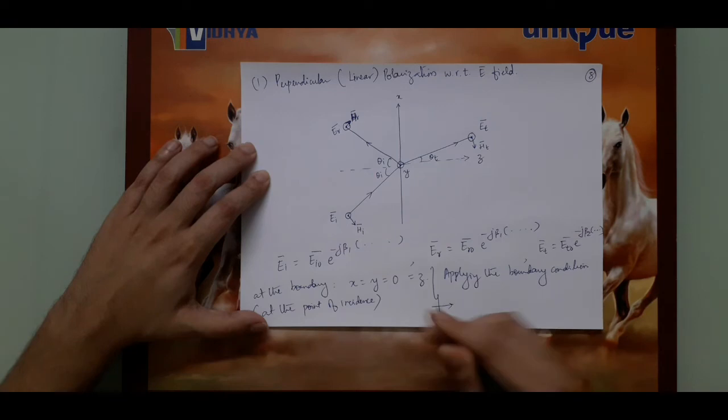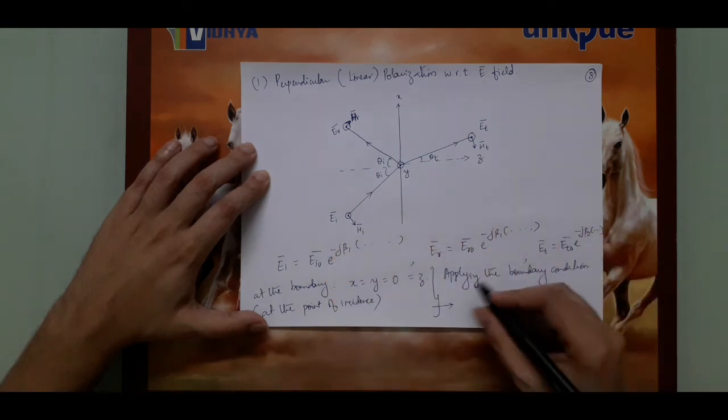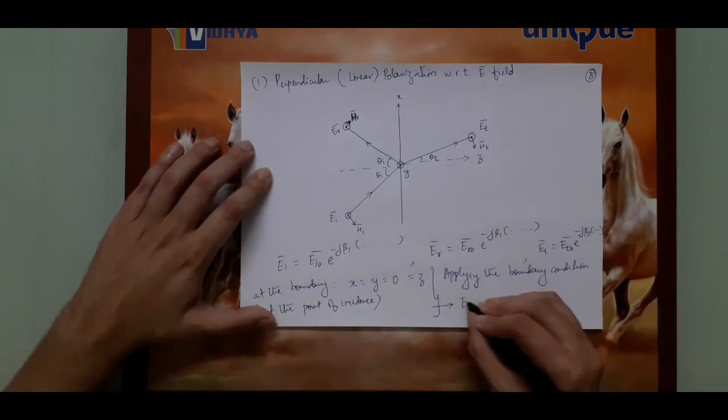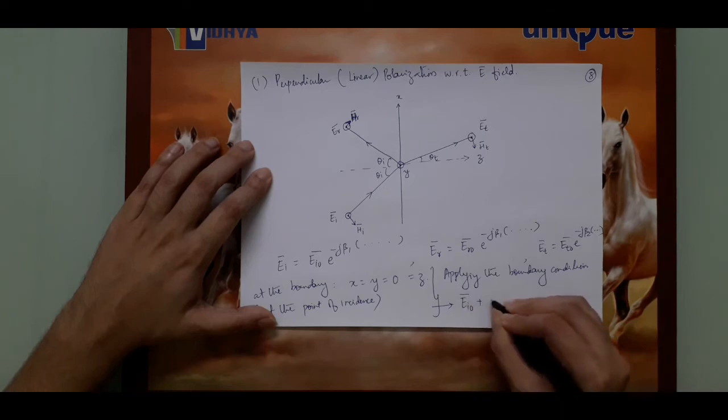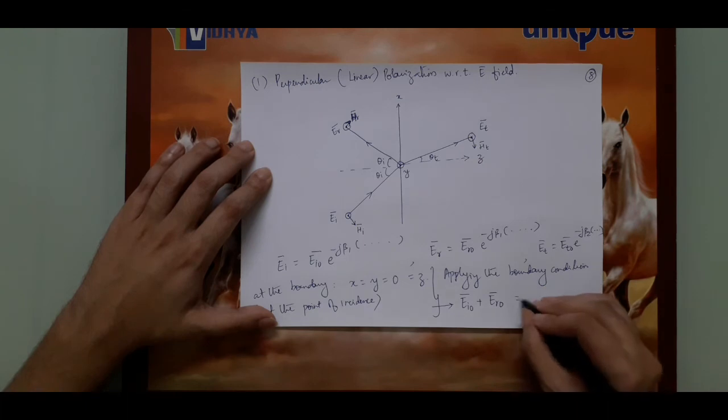So we get EI0 bar plus ER0 bar equals ET0 bar.